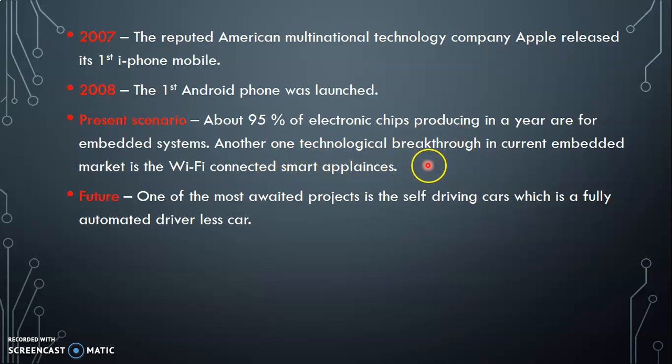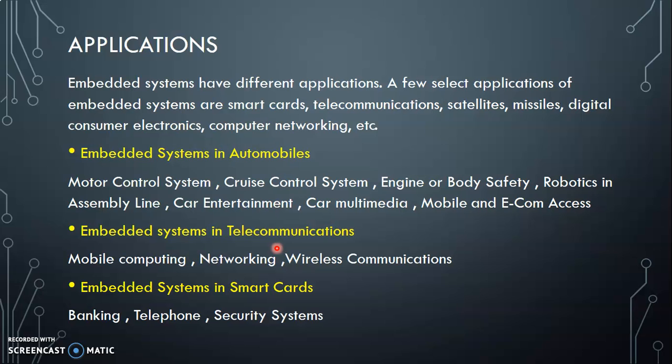Another technological breakthrough in the current embedded system market is Wi-Fi connected smart appliances. In the future, one of the most awaited projects is the self-driving car, which is a fully automated, driverless car. So we have seen the evolution of embedded systems.